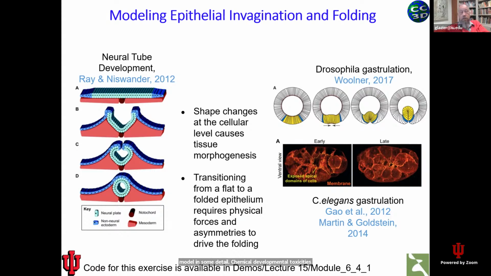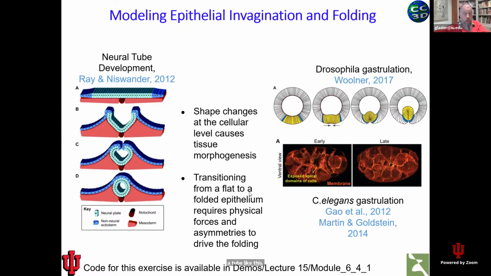In our case, we're not going to go to that level of detail, but what I want to talk about is what's called epithelial invagination and folding, which is you start out with a flat layer of cells in a sheet. A group of those cells begin to contract, and they contract on their apical surfaces, so they pull in. And if they contract enough, you could get the formation of a tube like this.